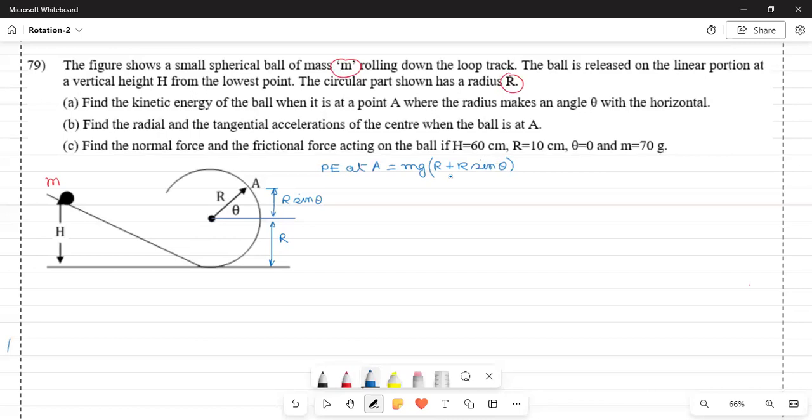And what was the potential energy at this point? Let us give it a name P. Potential energy at P was mgh.